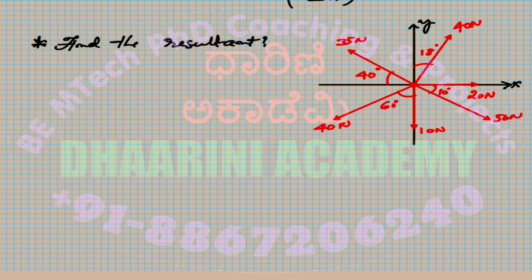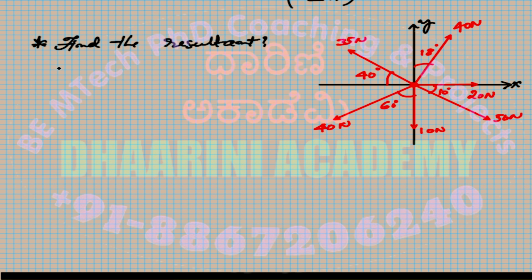Calculate the sum of all the Fx components, call it summation Fx, and take the sum of all the forces' y components, call it summation Fy, and use the equations to get the answer. Straightforward way. So let's go to the first part, that I want to calculate the sum of all the forces' x components. That is, split every force into x component one by one.